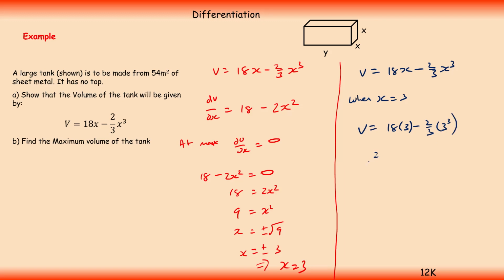So 18 times 3 is 54, minus, one of the 3s down here cancels one of those, so 2 times 9 is 18. 54 minus 18 gives us 36. I don't know why I resorted to the calculator, but 36 centimeters cubed.